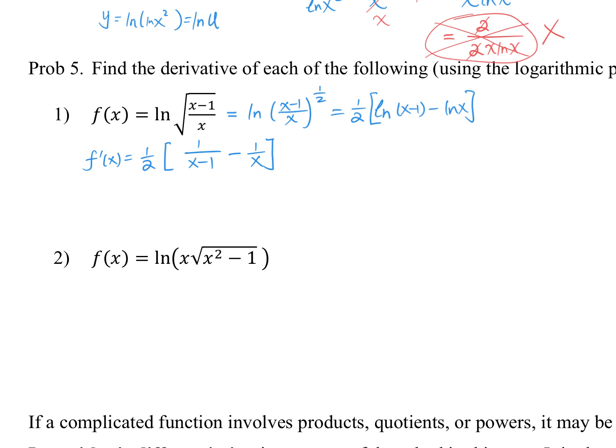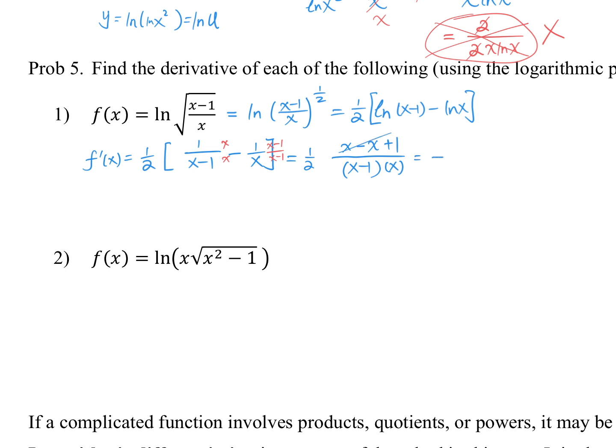So usually this is acceptable to me, but of course, if you want to continue to simplify it, combine it, feel free to do so. So x minus 1, x times x. You have to multiply this by x over x, and multiply the second one by x minus 1 over x minus 1. Therefore you have x minus x plus 1, and these two x cancel.